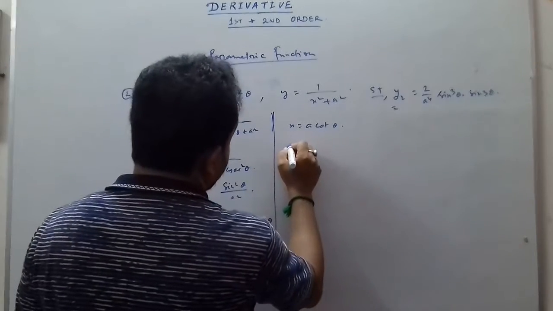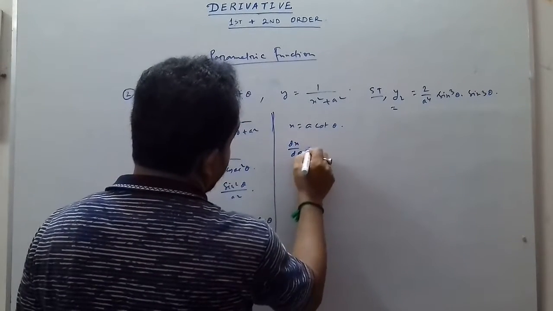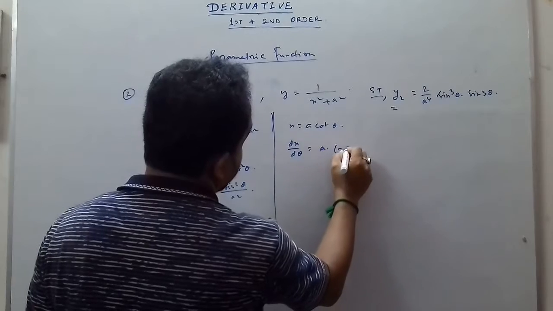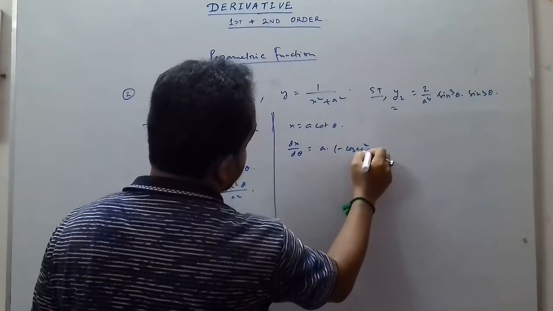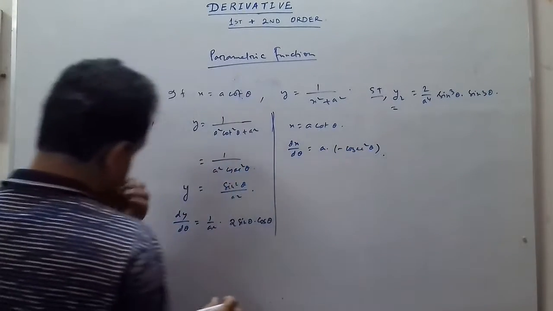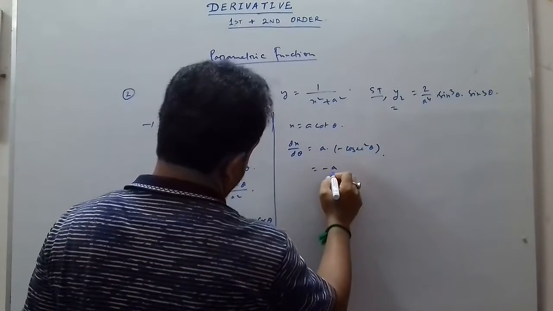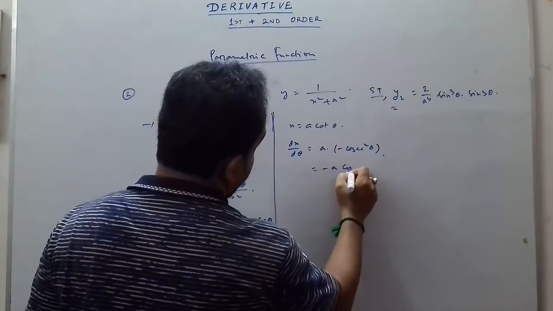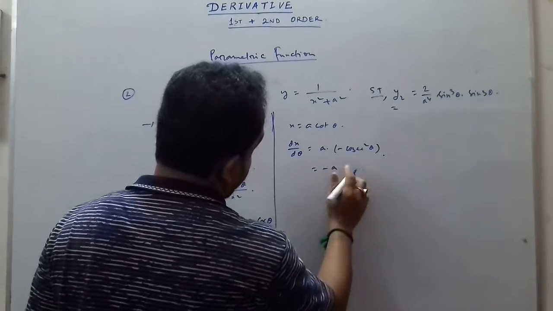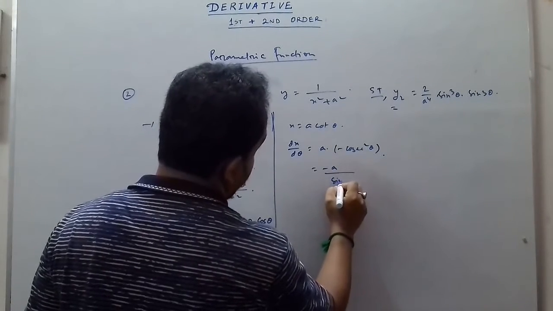And here we find dx by d theta is equal to a into minus cosec square theta, that is minus a over sin square theta.